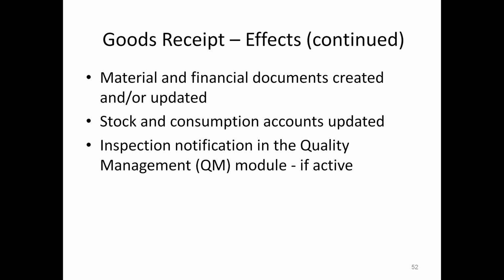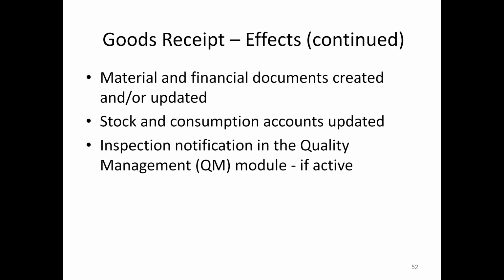Saurav, I have another question here. Yes. Quality control, where does it come into play? Yeah, quality control comes in when you receive the goods. When you receive the goods and you want to receive the material in the quality inspection stock, an inspection lot is created.